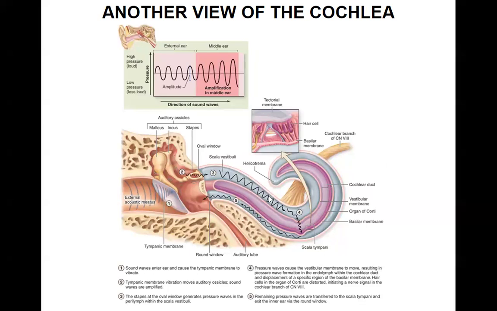The scala vestibuli and scala tympani contain the perilymph. The scala media or cochlear duct contains the endolymph.